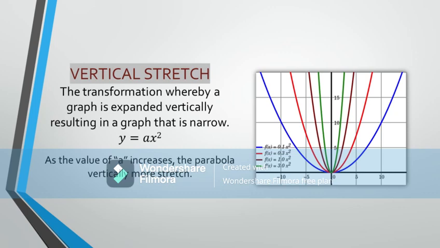Similarly, when the value of a increases up to 3, the last equation is shown in the graph: f(x) = 3.0x². That has become more narrow about the y-axis, which is shown in the green color.